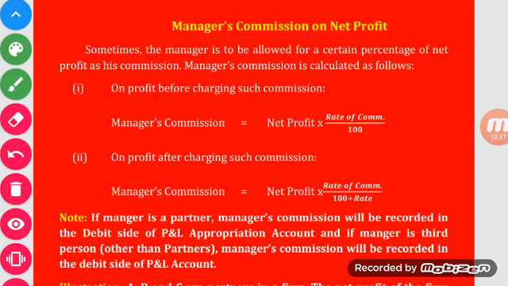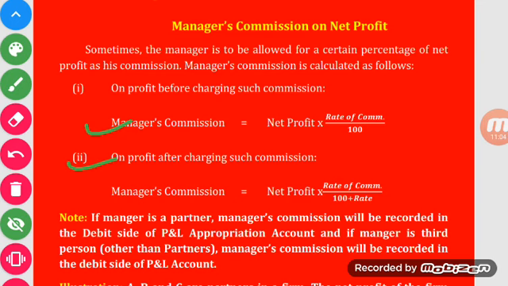Before charging manager's commission, this formula will be used for calculating manager's commission on net profit. Manager's commission is equal to net profit, whatever is given in the question, into rate of commission, like 10%, 5%, 8%, 9%, divided by 100. Your answer will be the manager's commission.